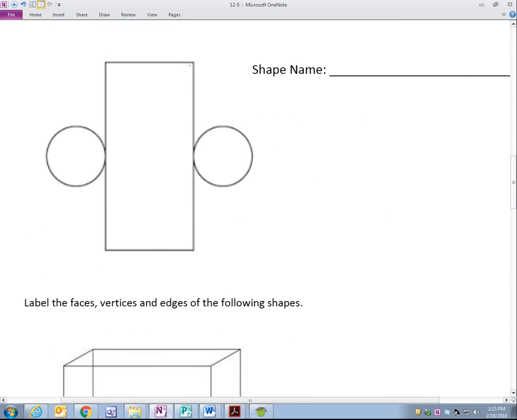Now then we have this one. This is a cylinder. It is a cylinder. And the way that we're going to look at it is like this.